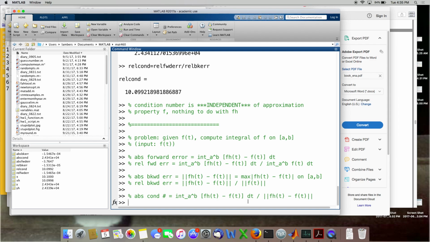Now, that by itself doesn't tell me very much, but I can simplify this quite a bit if I only care about estimating the condition number. I don't need to get it exactly. The exact value of a condition number generally means very little. What we really care about is ballpark. Is it small? Is it large?